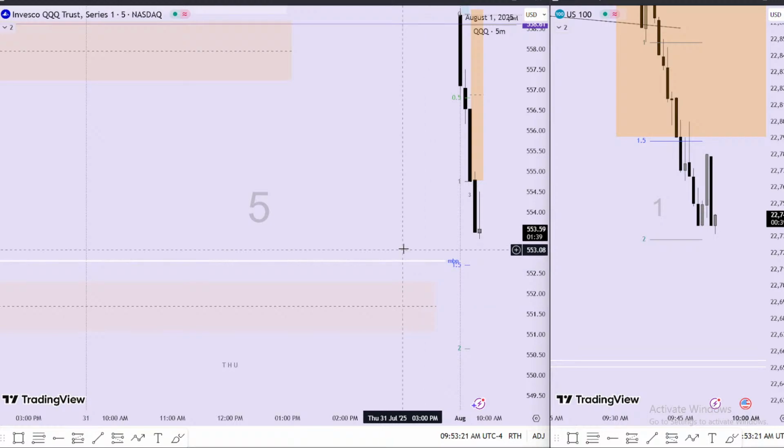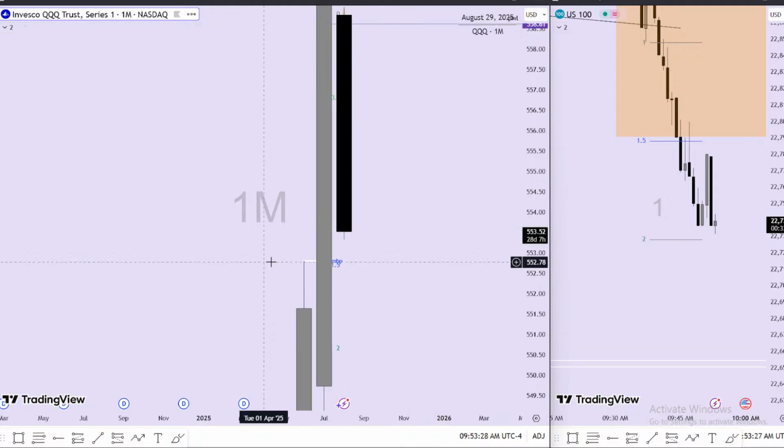And this is a monthly breakout point. The high of June.